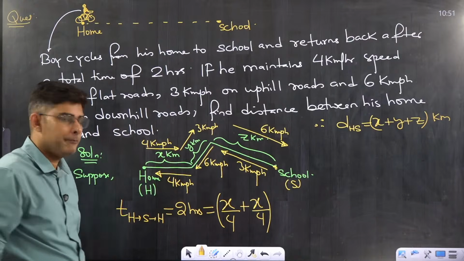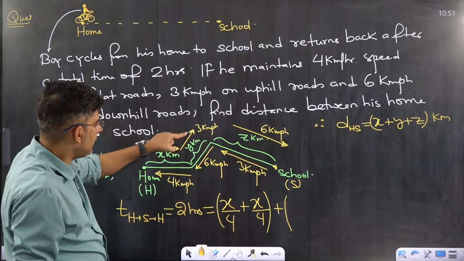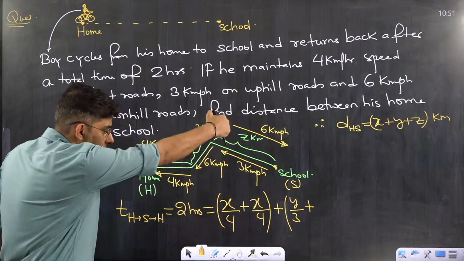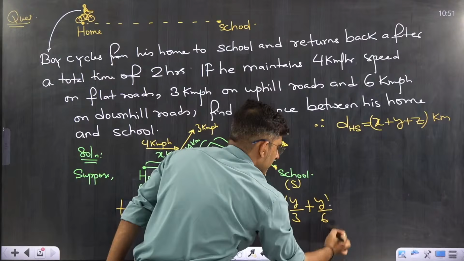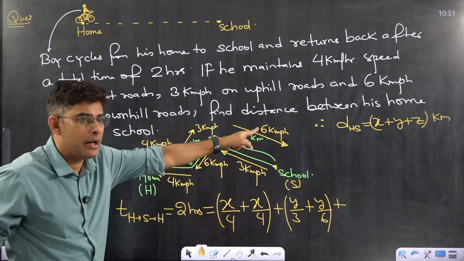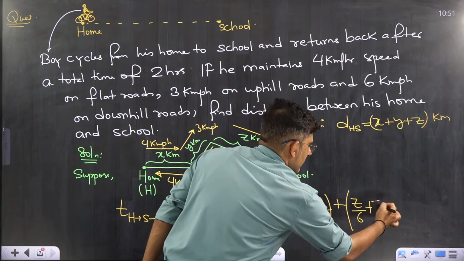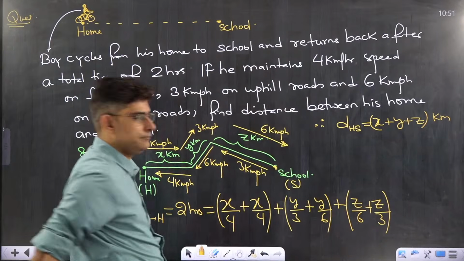This is the total time. Similarly, while going uphill y kilometer, you traveled at 3, so y by 3 was your time. While returning, that uphill became downhill, so y by 6. While going downhill z, you traveled at 6, and the same while returning back became z by 3.